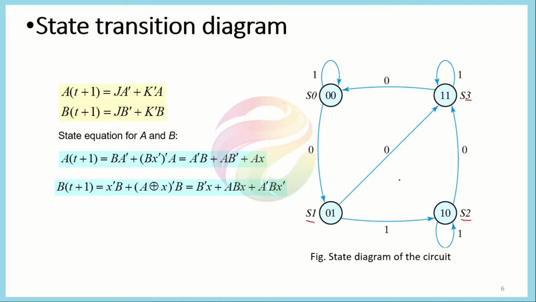This state diagram could also represent a system constructed of only D flip-flops. And it is easier for any person who does not have much understanding of digital logic design to understand the working of the system more efficiently using this state diagram, rather than having to understand the system functionality from these equations.